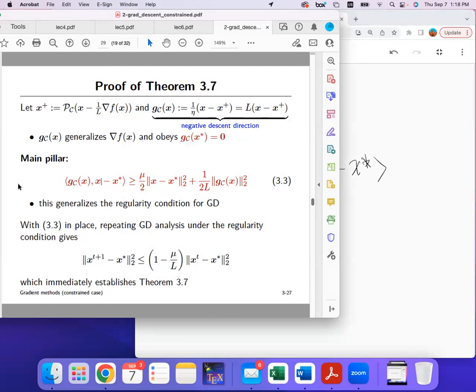In the previous lectures, when we talked about strongly convex functions, we had a lot of equivalent definitions that take a very similar form, right? It's the dot product between the gradient and x minus x star. Here it's the same idea, but we simply replace the gradient by this generalized gradient.